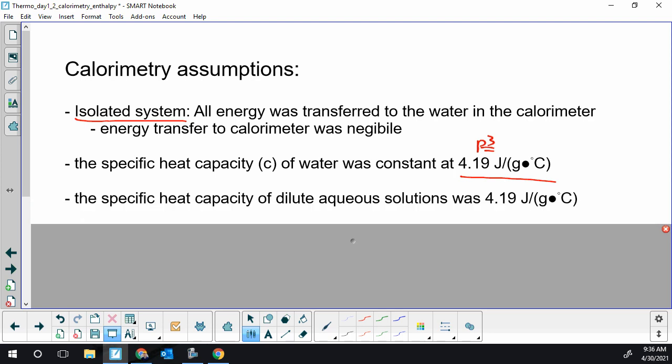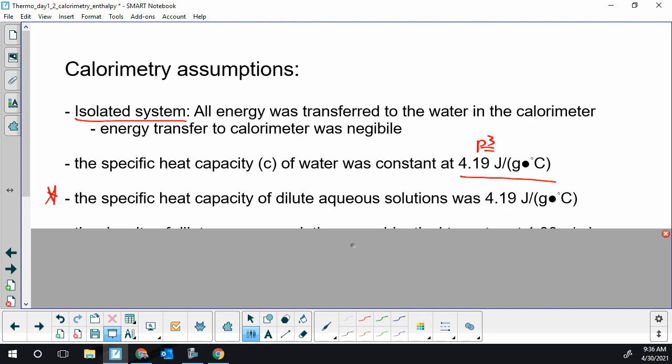The next and probably most important assumption that we're going to make is that the specific heat capacity of dilute aqueous solutions is going to be the same as water. So we're going to use this one in almost every question.